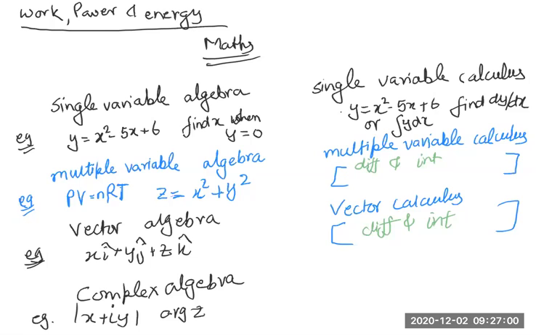If you have not yet studied in maths, there is a whole chapter of complex numbers that will be taught to you, and again you will be better at complex numbers than I am. However, there is something called complex calculus as well, and this will not be taught. Okay? And we won't need complex calculus in physics also.